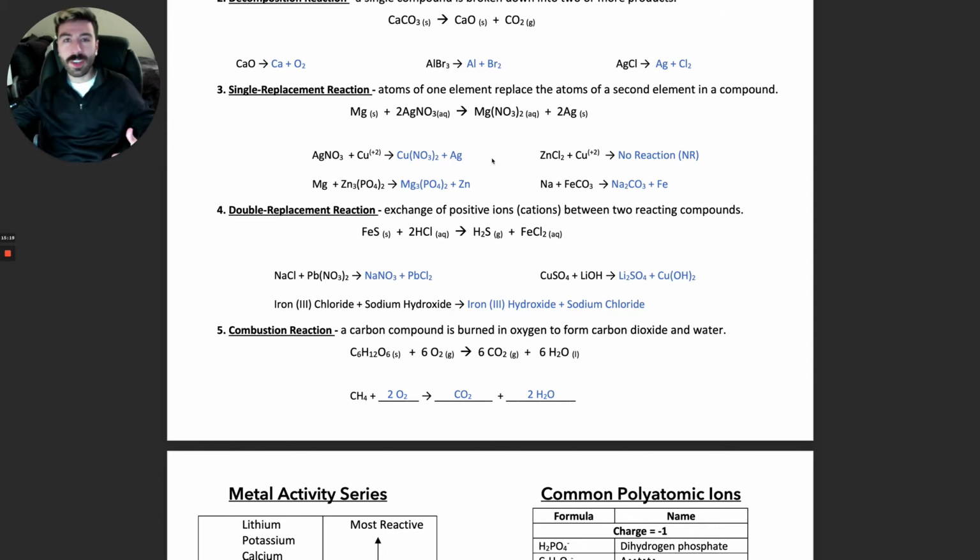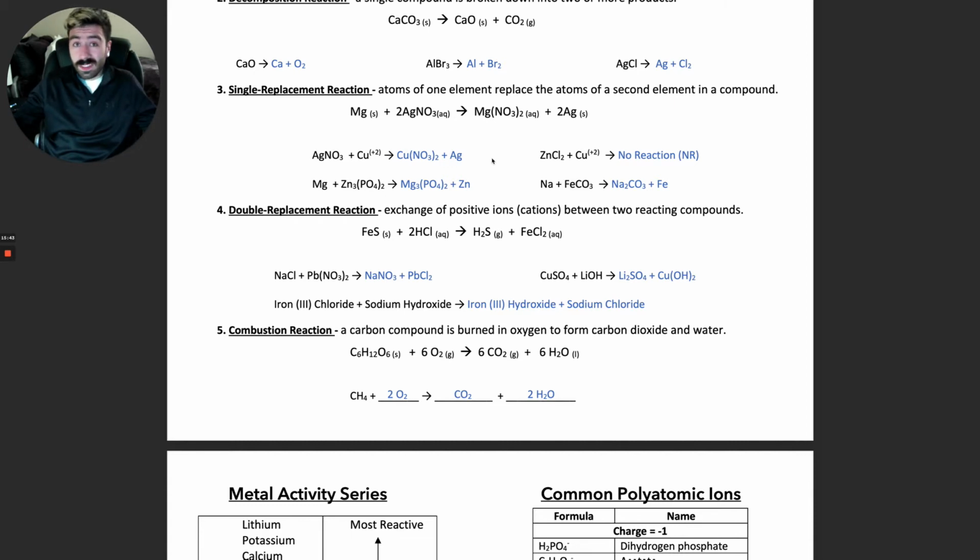So the cheesy example I like to use of this is it's kind of like nitrate is the hot date, right? And silver is going out with nitrate, right? But silver's kind of batting out of its league. They run into copper 2. And copper says, hey, nitrate, I see that you're with silver. I'm better. I'm more reactive. You should leave silver and come with me.